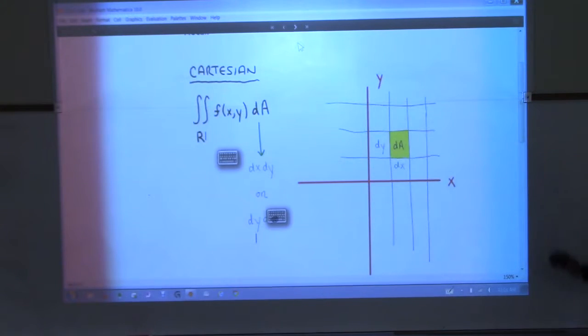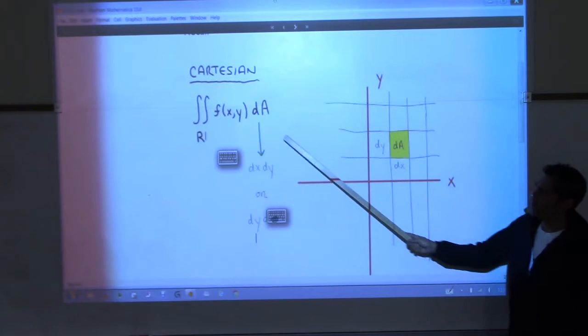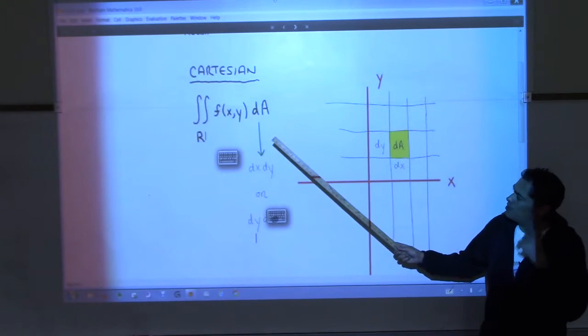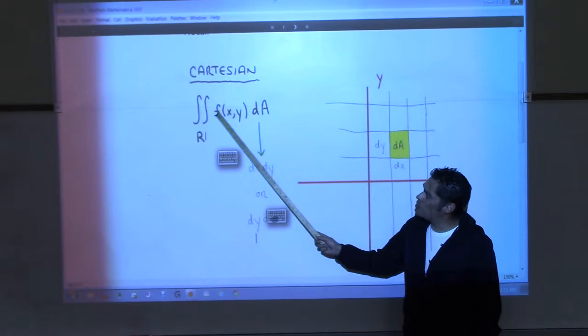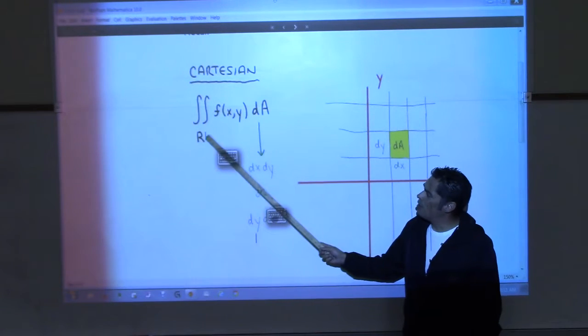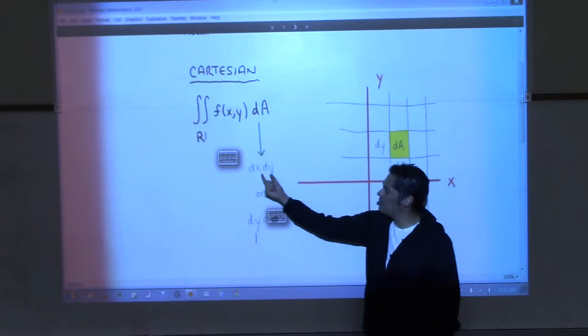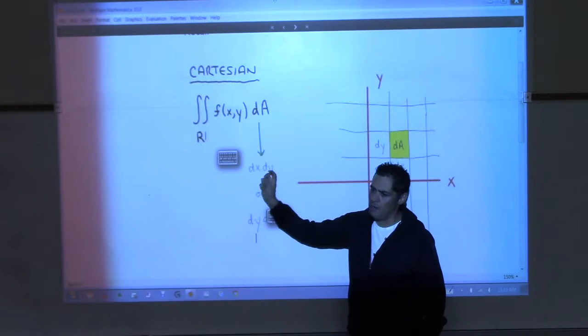So remember from this formula, and I told you it was going to be very important for us to pay attention to this little thing out here, dA. What this is saying is we want the volume underneath this function over this region R with respect to area, but that little dA was actually dx dy or sometimes dy dx.